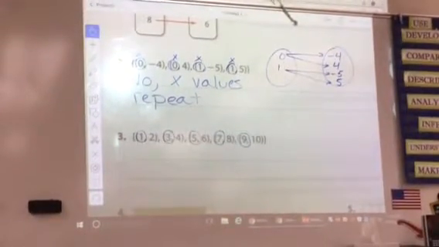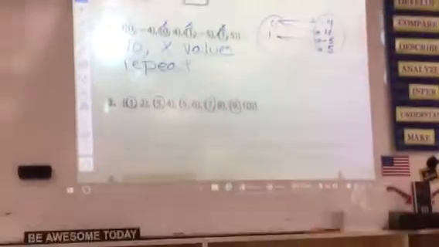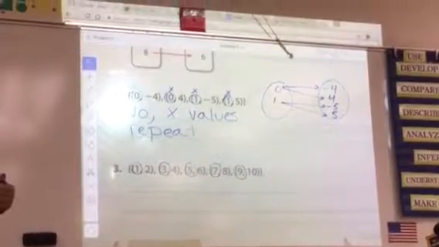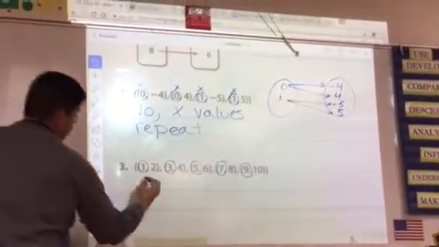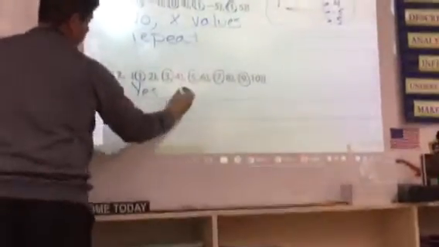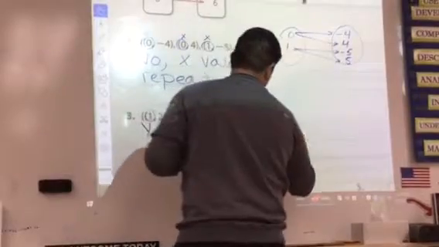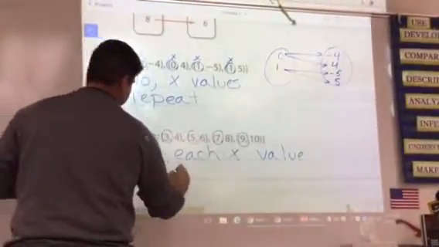Function. Right. Why is it a function? Because they're different, right? That's the easy way to say it. It's a function because each x value has a different y value.